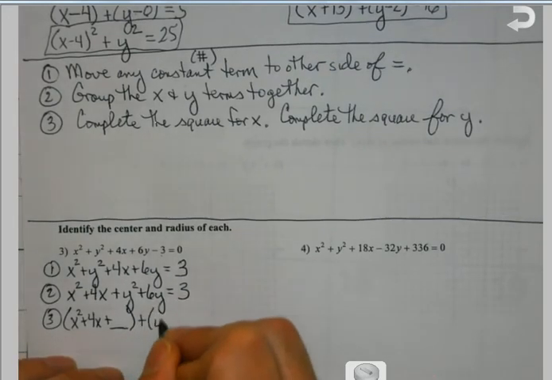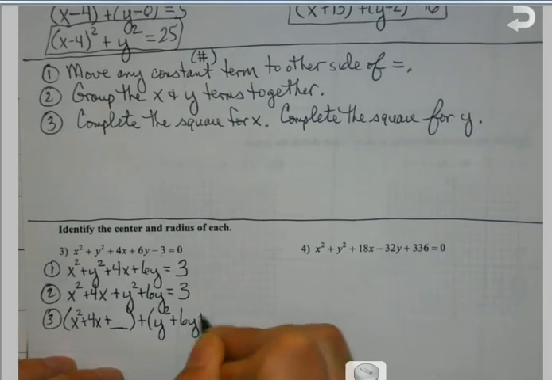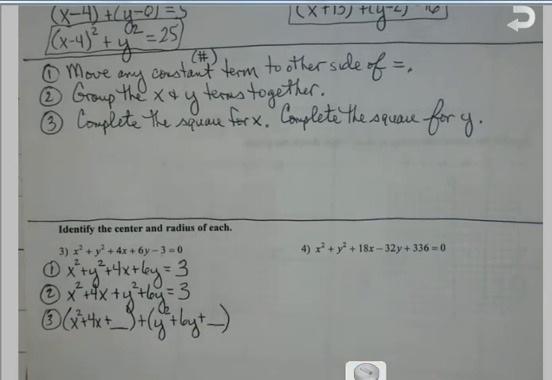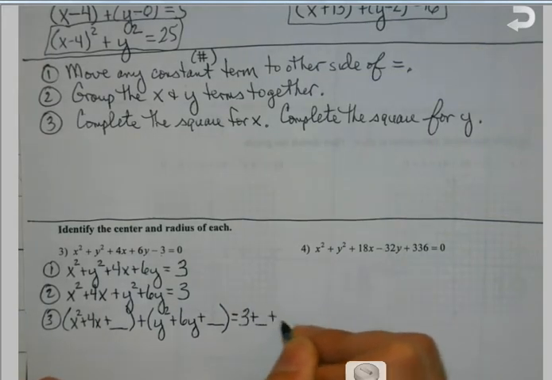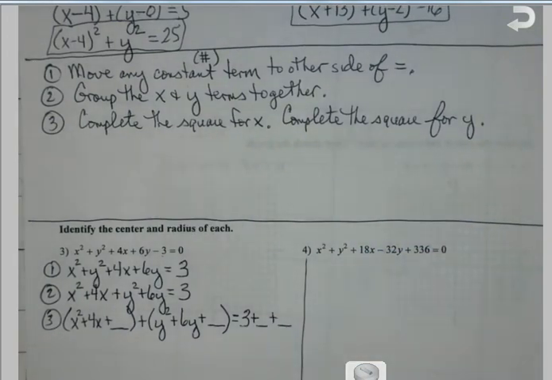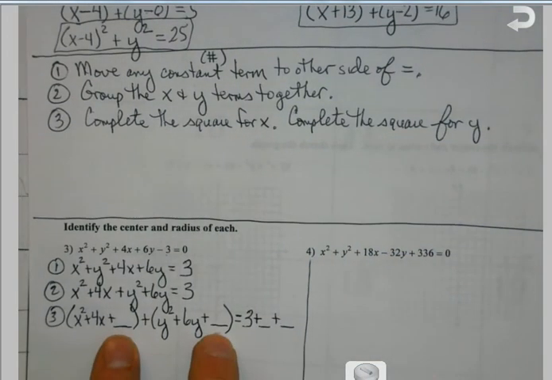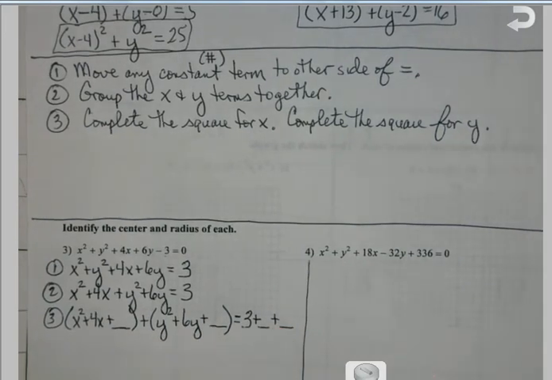I'm also going to group all my y stuff together with a blank at the end of it. And then on the other side, I'm going to put 2 blanks after my 3. Because the numbers I fill in here, I'm also going to fill in on this side. But I don't know what those are yet. That's what we're going to figure out right now.